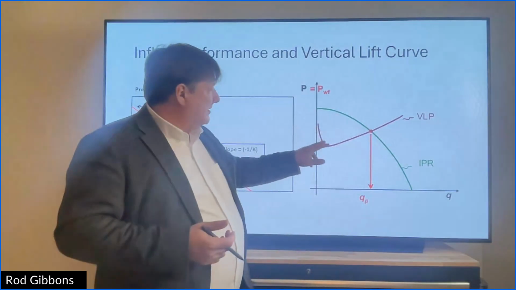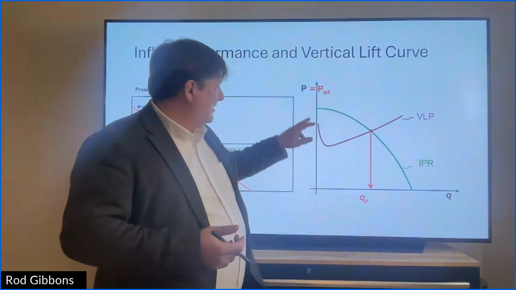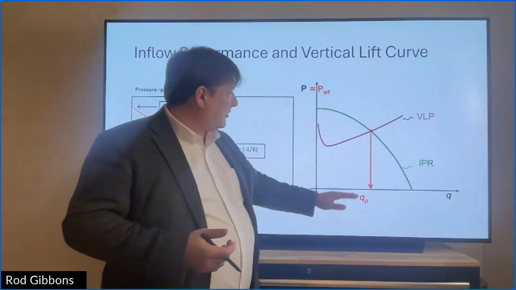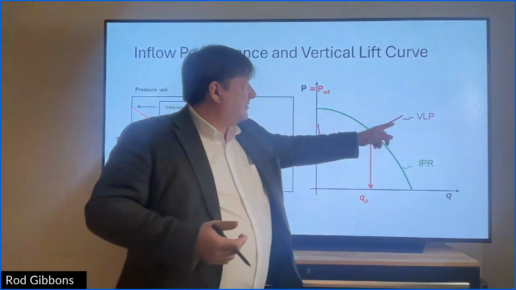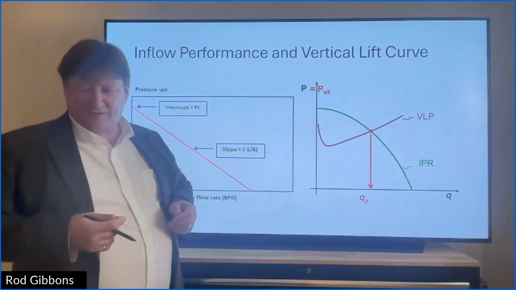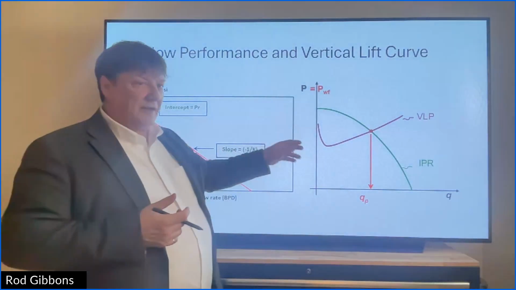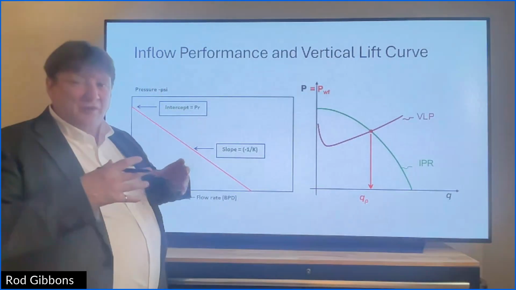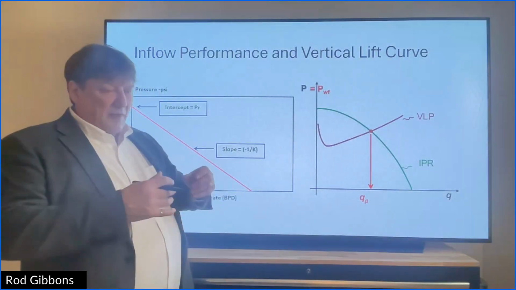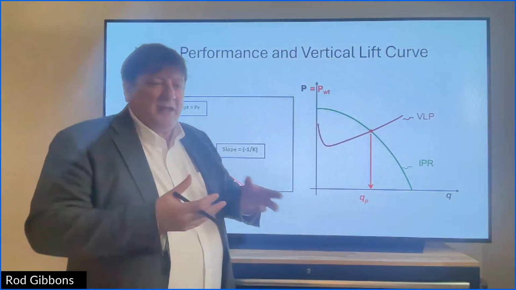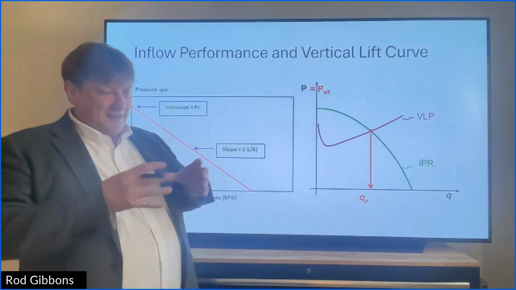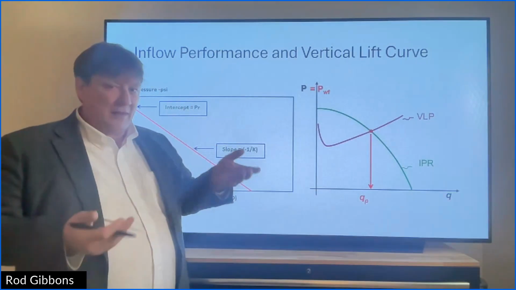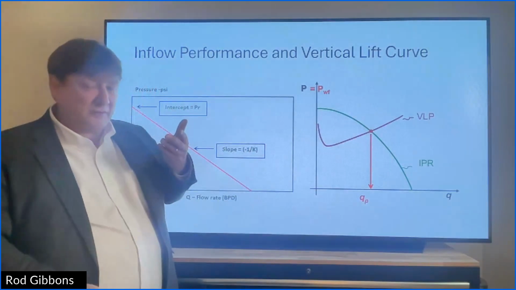Then this other curve is a kind of hockey stick curve here. There's also pressure and flow rate. This is the vertical lift profile, or vertical lift curve. What that does is, once the fluid flows into the well, one of the unique things about oil wells is that typically they're very, very deep: 1,000 meters, 2,000 meters, 3,000 meters or more.